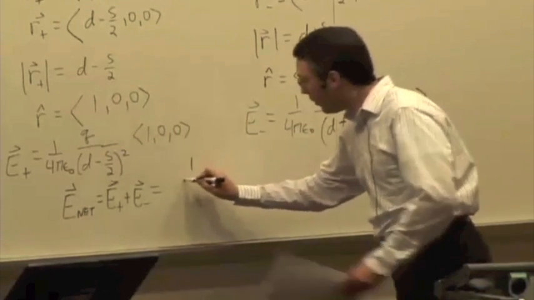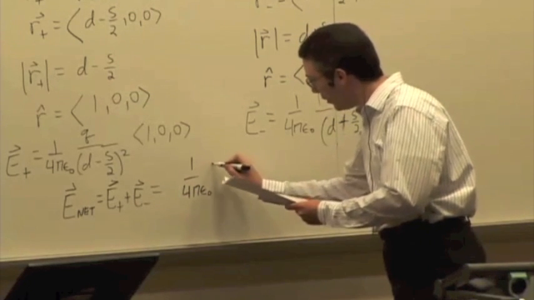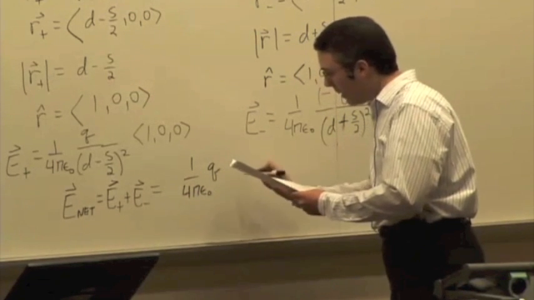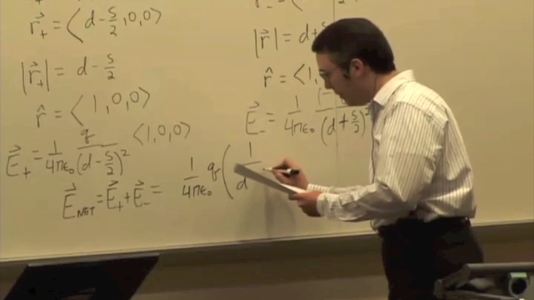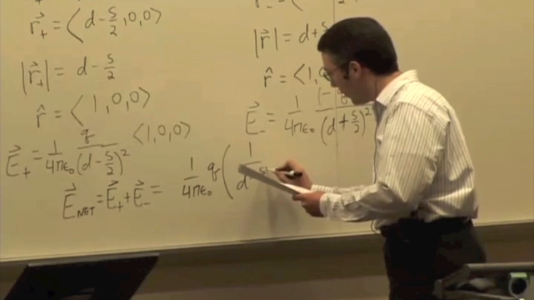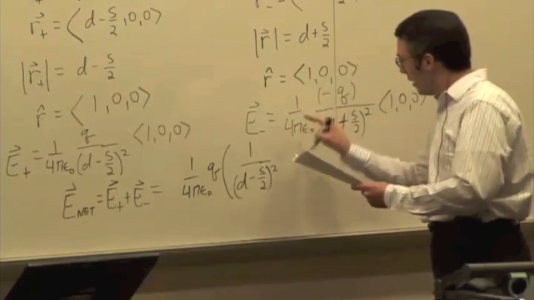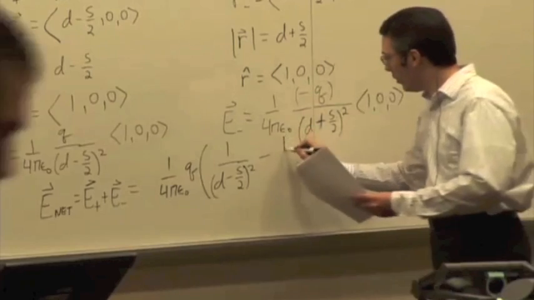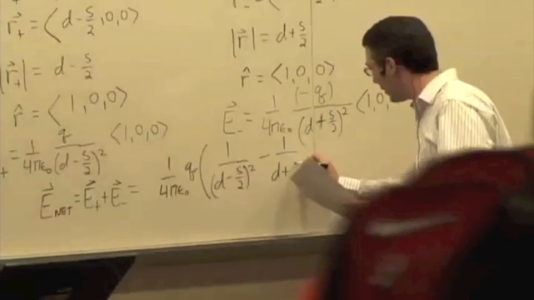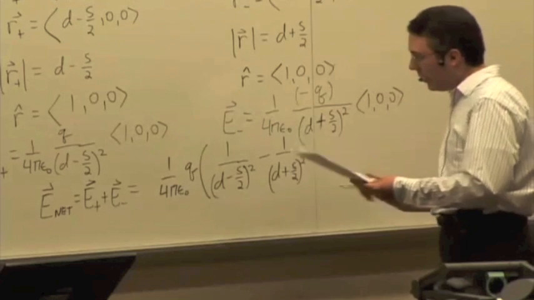So I'm going to have a 1 over 4 pi epsilon 0, a factor of q, and then 1 over D minus S over 2 squared. I'm left over with a negative sign here, so this is minus 1 over D plus S over 2 squared.